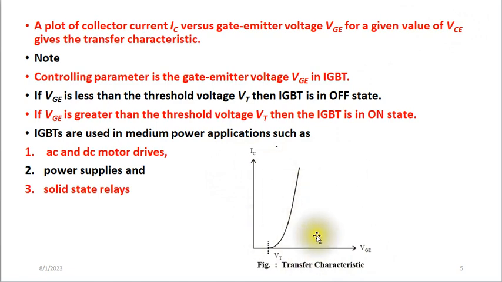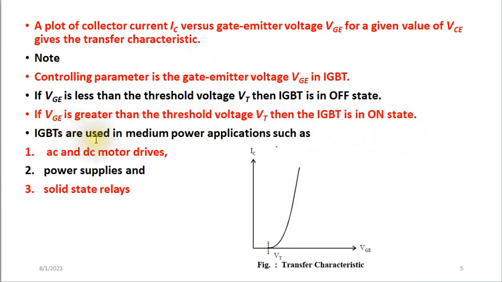And we call this curve the transfer characteristic. Whenever this VGE is less than the threshold, the IGBT will be in off state, that is, it is not conducting. But whenever it becomes greater than the threshold, then our IGBT will be in conduction state.